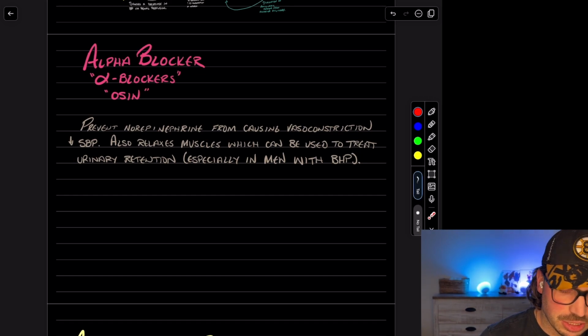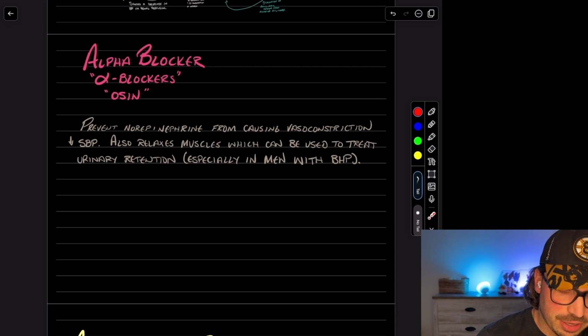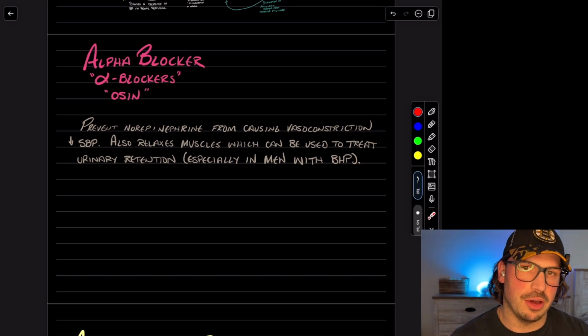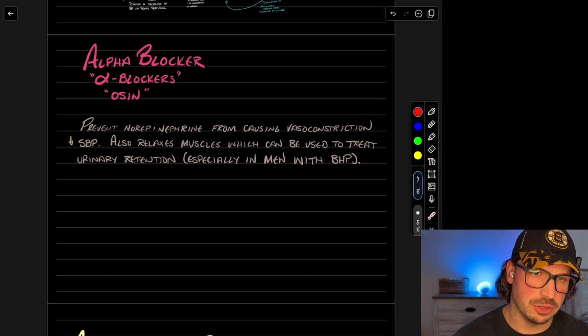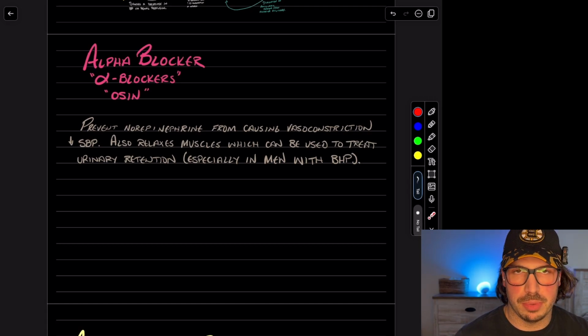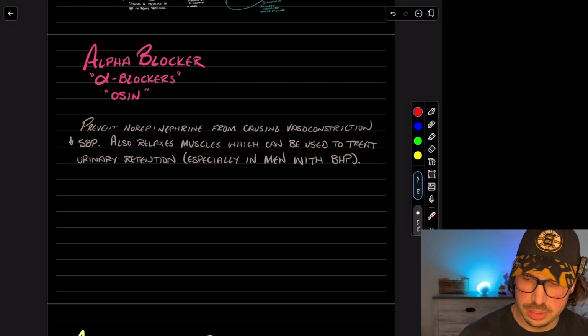These medications prevent norepinephrine from causing vasoconstriction, which helps reduce blood pressure. Another effect is that they relax muscles in the urinary tract, which makes urination easier. So for patients with urinary retention or an enlarged prostate, alpha blockers like this will help them urinate more easily and more frequently.